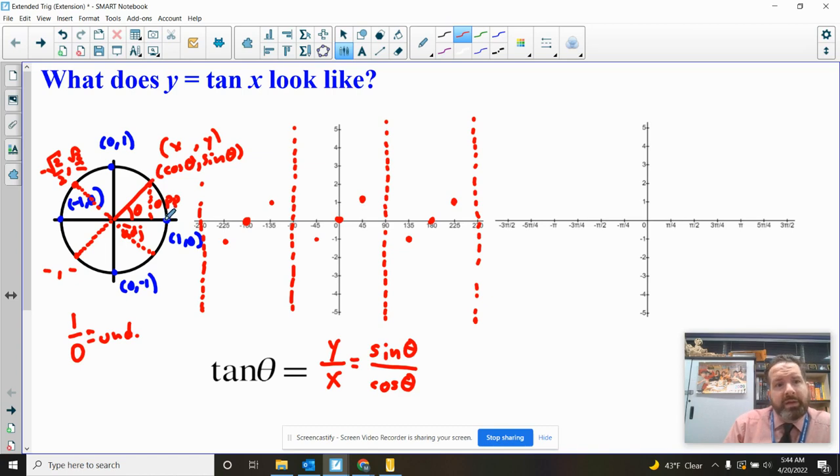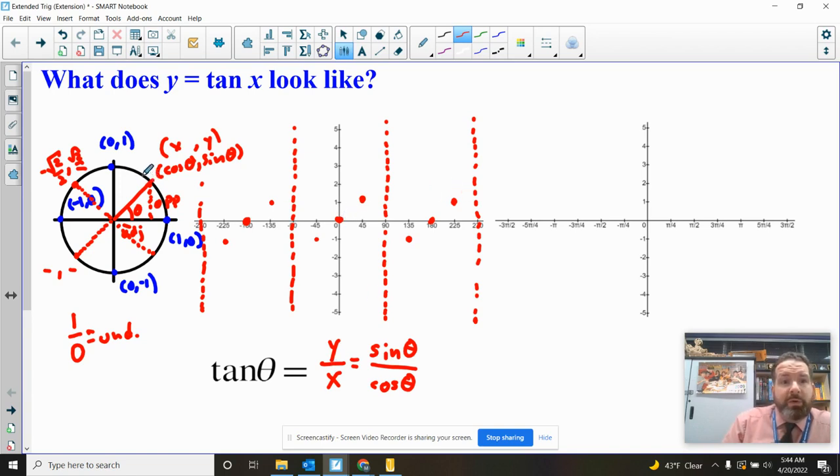So let's start by saying, if I imagine going from 0 degrees to 45 degrees, as I move around, notice we're moving up more quickly at the start than we are moving left. That means that the top is a little bit bigger than the bottom in terms of its rate of change. It means we're going up pretty quickly.